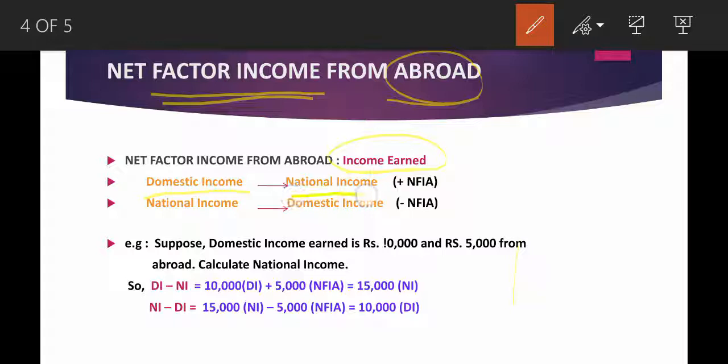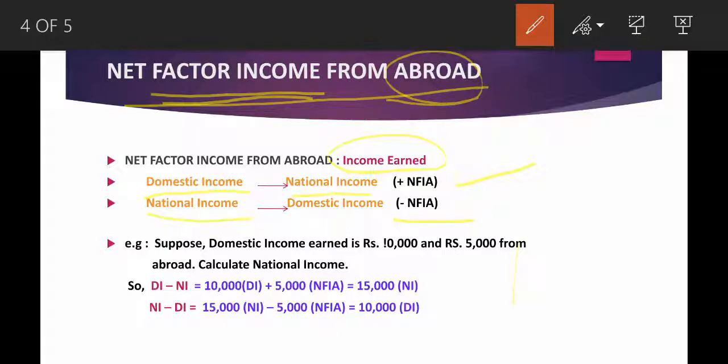And national income is that income which is earned by only residents of the country, whether inside or outside the country. So if you have domestic income and have to calculate national income, then you have to add net factor income from abroad. But if national income is given and you have to calculate domestic income, then you have to deduct net factor income from abroad.